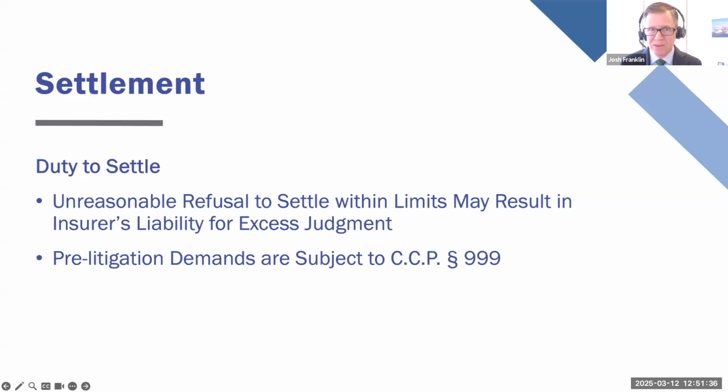Fast forward something like 3 years later, the case took, I think, almost 4 years to go from the beginning to trial. The nonprofit ended up being hit with a multi-million-dollar jury verdict. And of course, at that point, almost all of the available limits had been depleted by the defense costs. So the insured is now in a situation where they have this multi-million-dollar judgment against them and no available coverage.